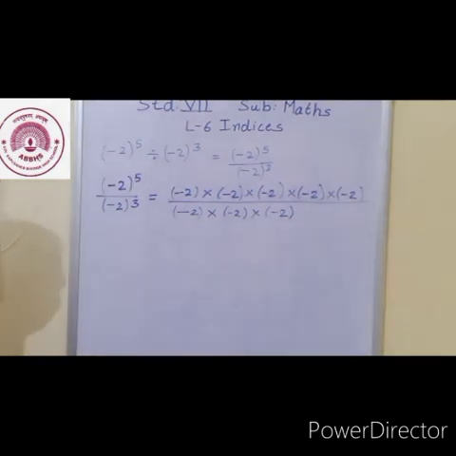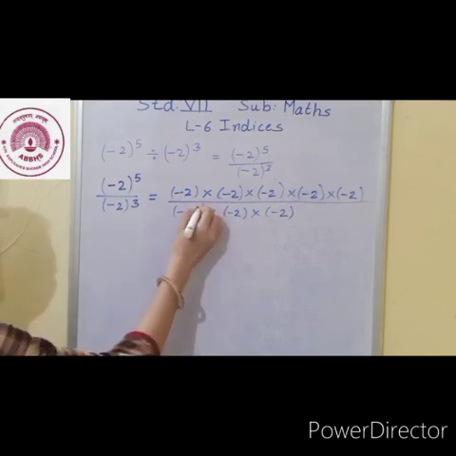Now, as you can see, both the numerator and denominator are in repeated multiplication of minus 2. So, when same numbers are in numerator and denominator in multiplication form, they simply cancel out with each other and we get 1.